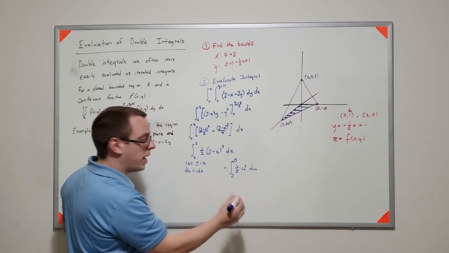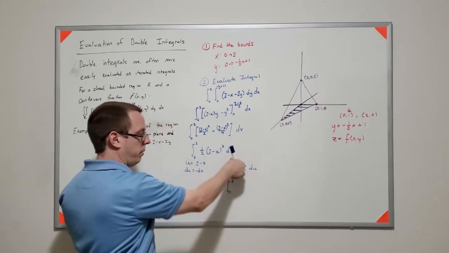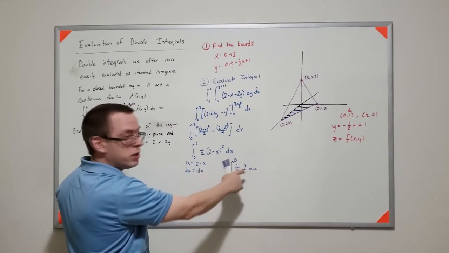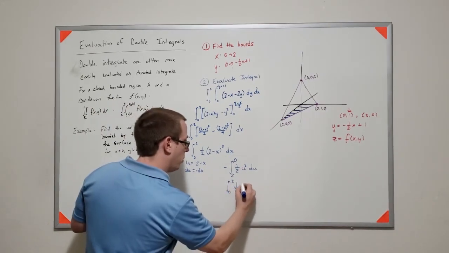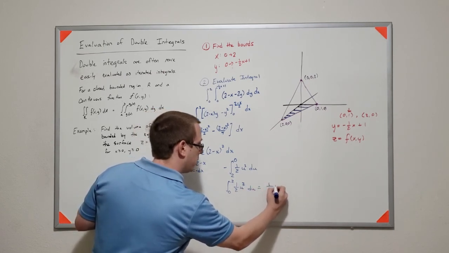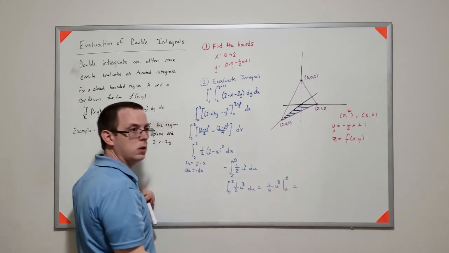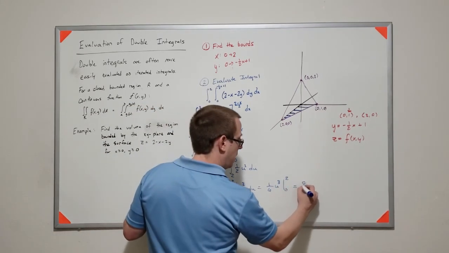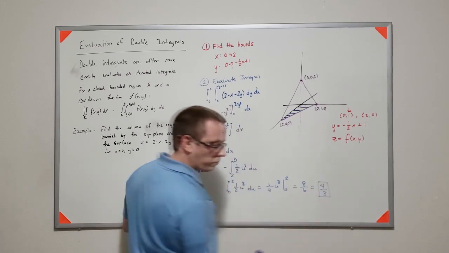Remember, we can take the negative and flip the limits of integration and change the sign. That's 1 half u squared du. So that's 1/6 u cubed from 0 to 2, which is 8/6, which is 4/3.